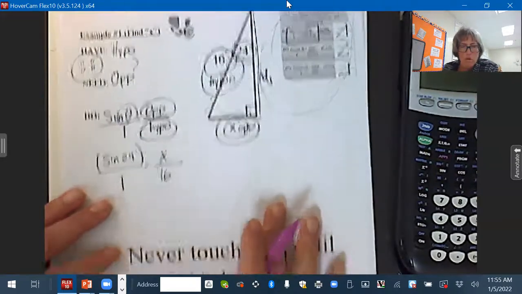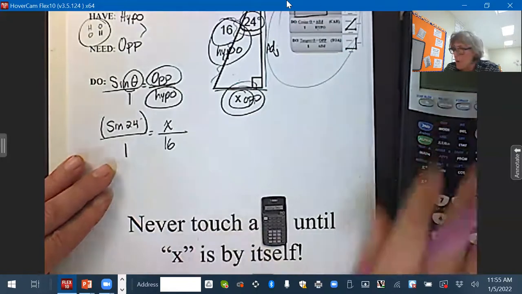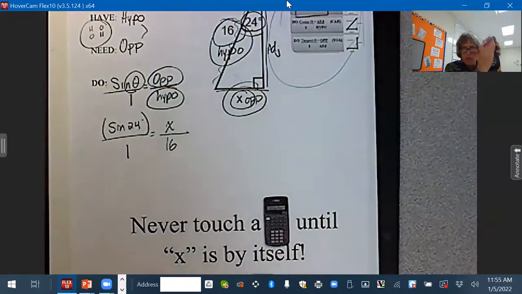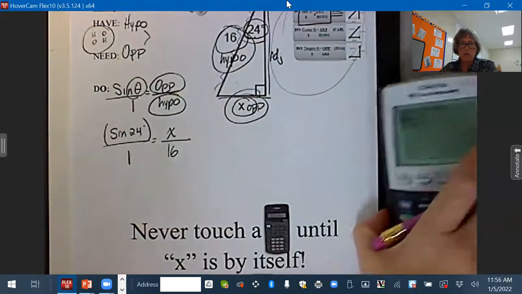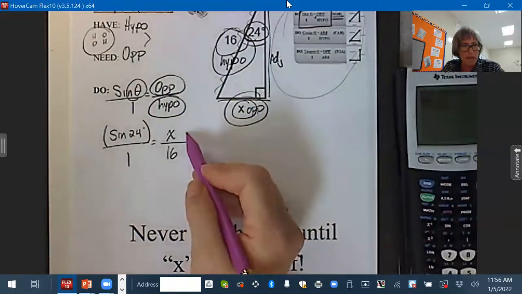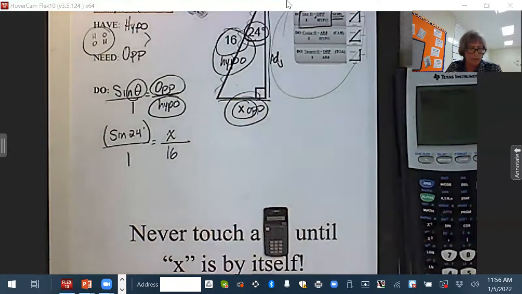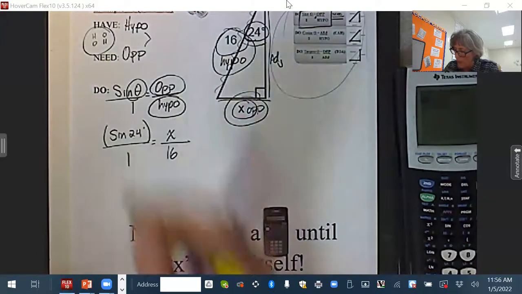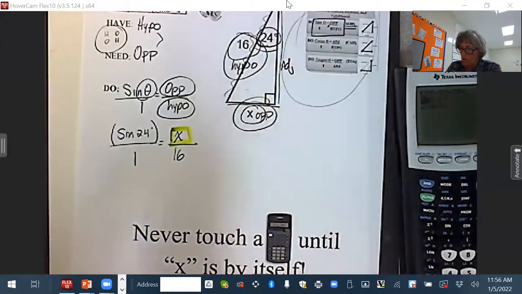Super important. Never, ever touch a calculator until x is isolated by itself. Let me show you what I mean. Right now, x is not by itself. Don't touch your calculator. Always get x by itself. Then you can grab your calculators. Ready?